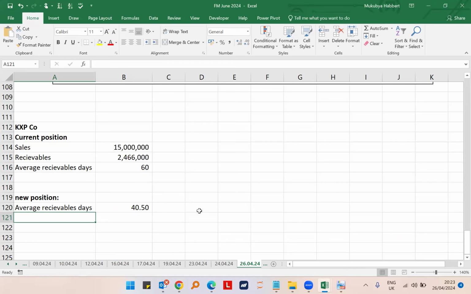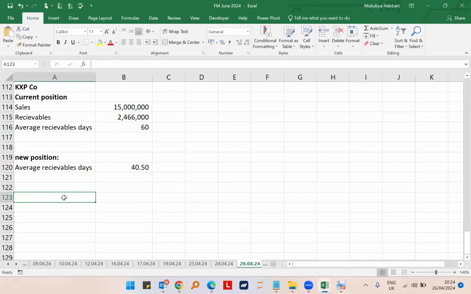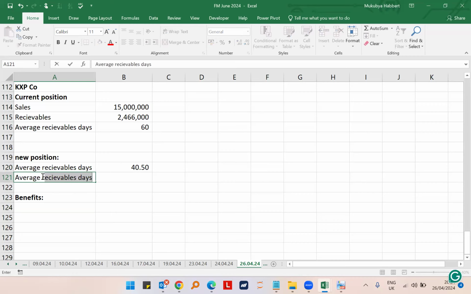Now, when you are calculating this, you first have to determine the benefits of the discount. We now have the new average receivables: 40.5 divided by 365 multiplied by the 15 million sales. So receivables will decrease from 2.4 million to 1.6 million.